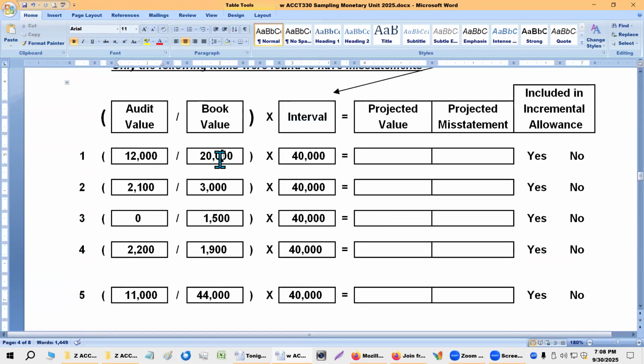So 12,000 divided by 20, then whatever that is, and 40.